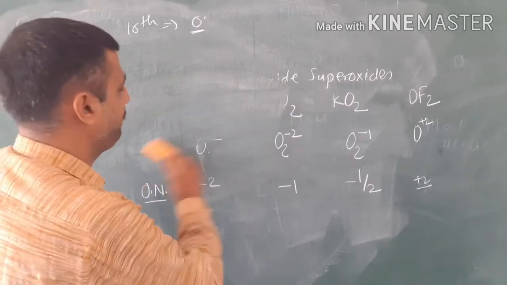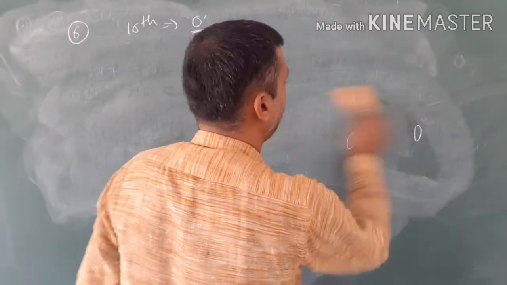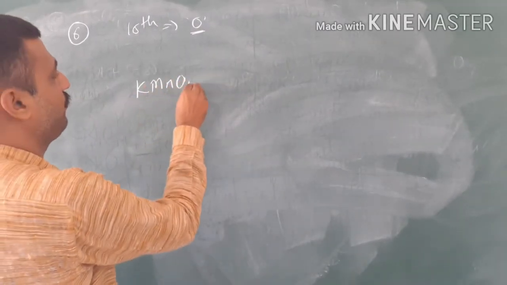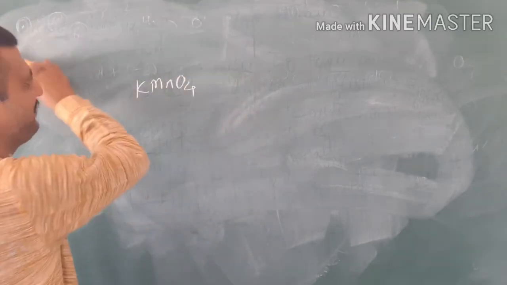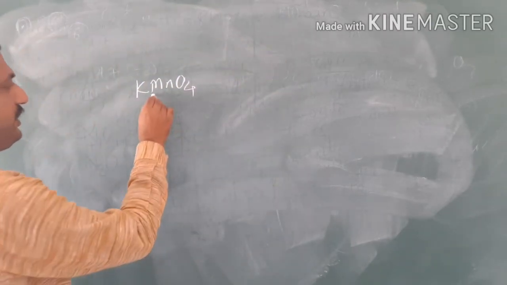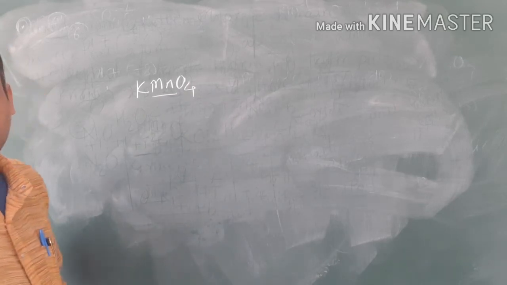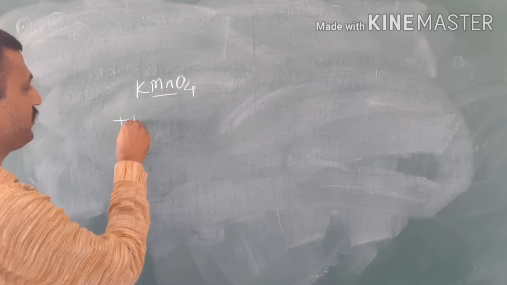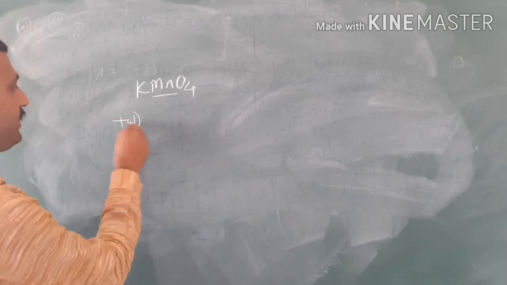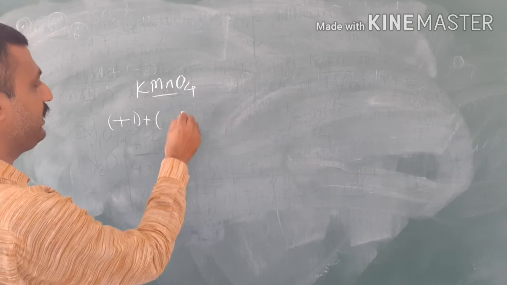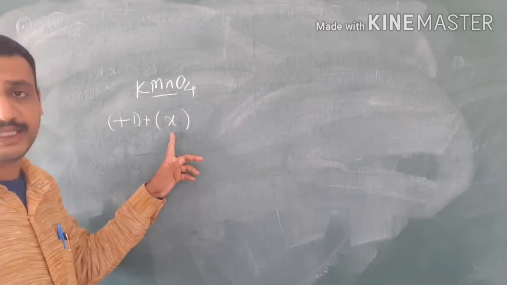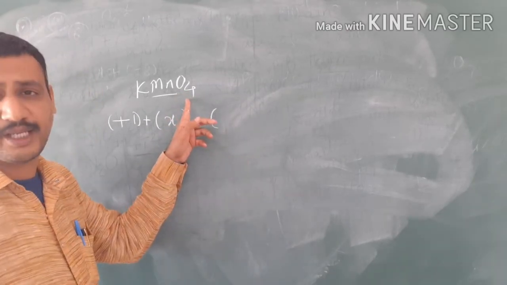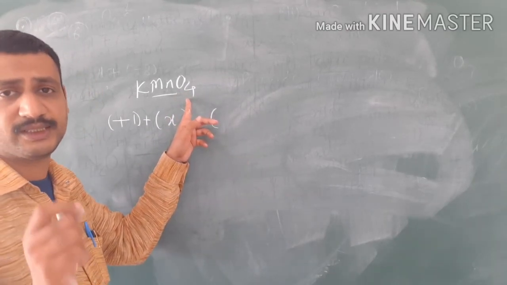Then let's have an example of KMnO4. If there is a question, what is the oxidation state of Mn? We know that potassium belongs to the first group, so its oxidation state is +1. The oxidation state of manganese is to be determined, so we consider it as x. What is the oxidation state of oxygen in KMnO4? It is a normal oxide, so its oxidation state is -2.